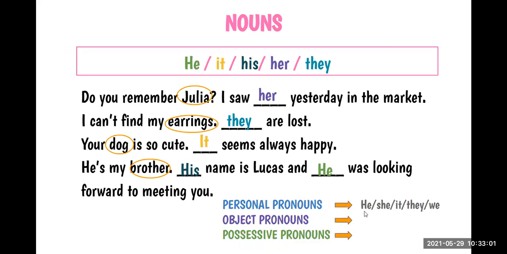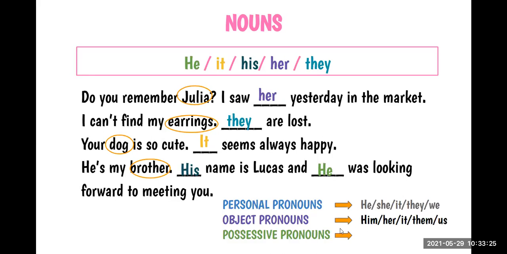Him, right? What about she? Her, very good. It, it. They, them. We, us. Very good. So we have him, her, it, them, and us.